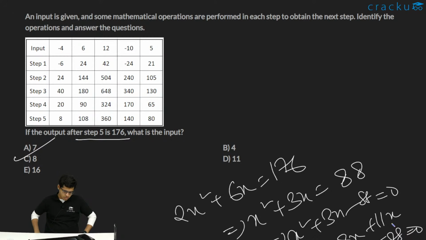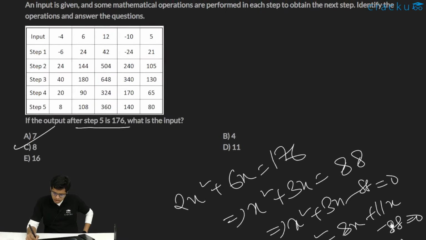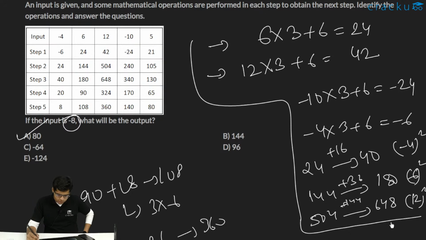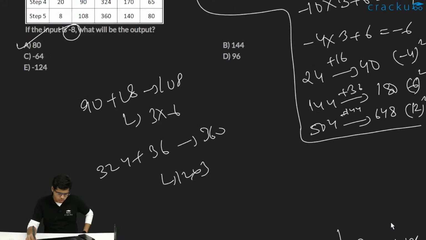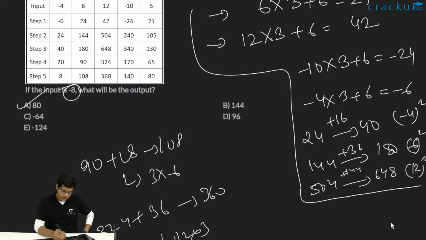Okay, step 5, Somil, what is happening? See, up to step 4 you have understood. Now in step 5, what is happening? 90 is getting converted to 108. Now how can we reach 108? 90 plus 18 is 108, and what is 18? 18 is 3 6s. 324 plus 36 is 360.